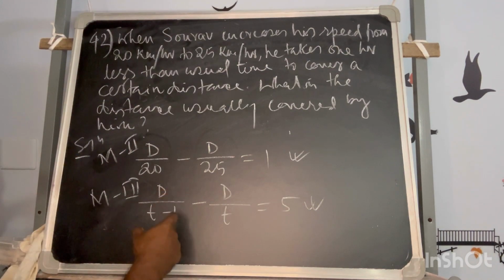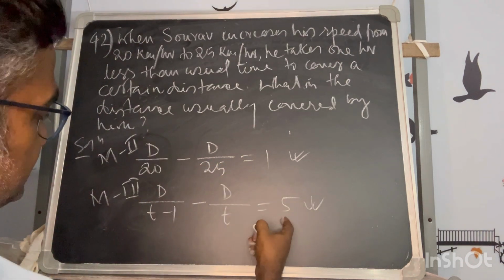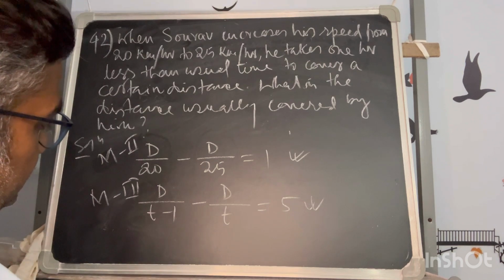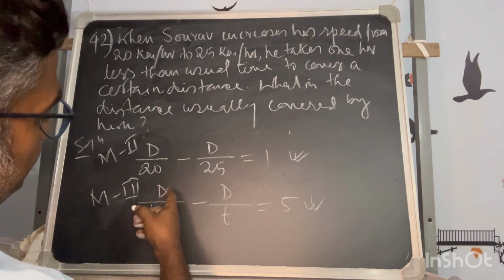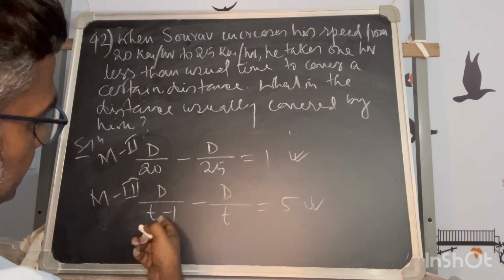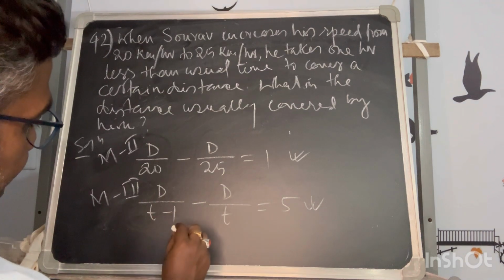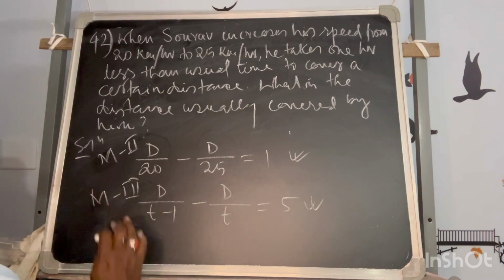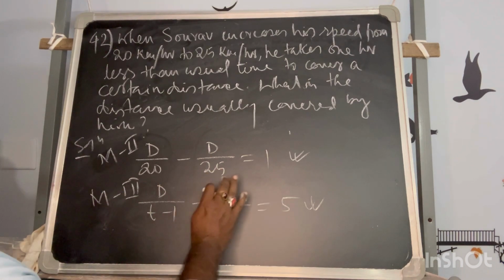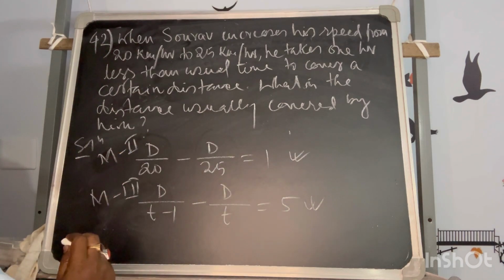Here there are 2 variables, and this is one equation; you need at least 2 equations to solve it. So you can get the D and T relation from there. This method is lengthier than the other one. The other is straightforward, where you get D immediately.